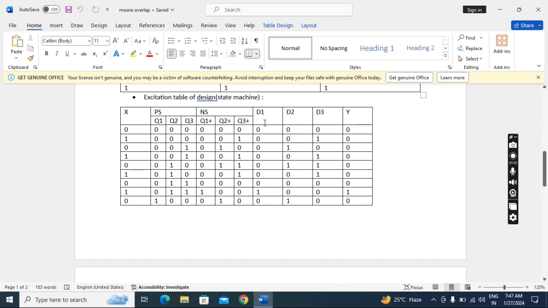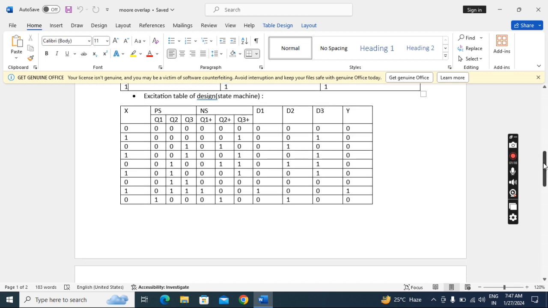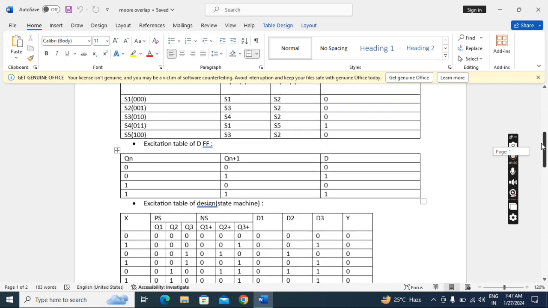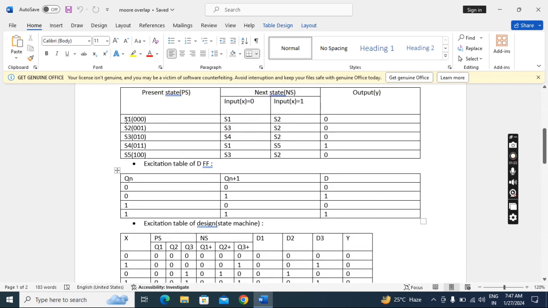Here the question is how many flip-flops we have to take. We know in the state table each state contains 3 bits. We encoded each state in 3-bit binary, so 3 bits means we need 3 flip-flops.